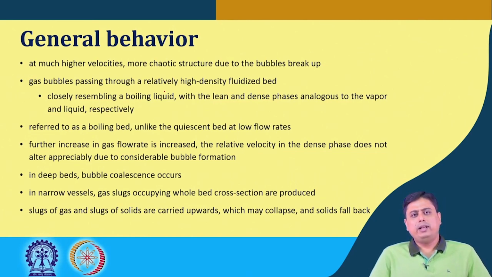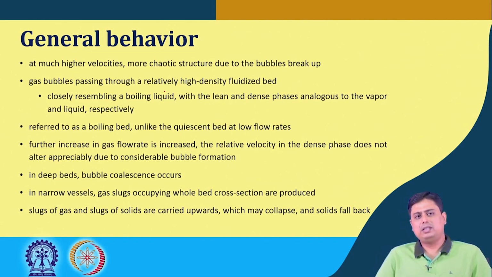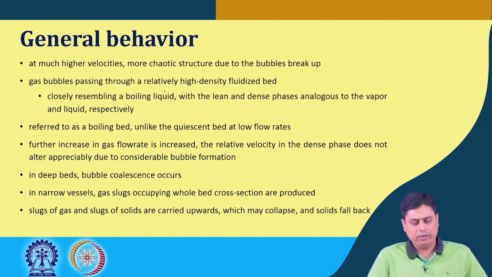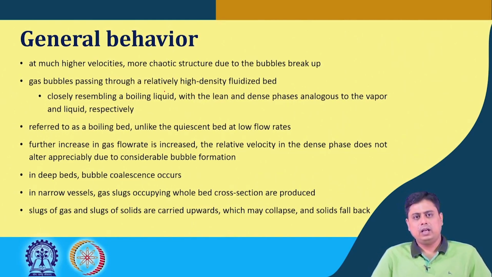In this boiling bed, if we further increase our flow rate, we do not see much difference in the relative velocity of the dense phase, because most of the gas phase is now creating these bubbles, and coalescence happens in a deep bed, and in a shallow bed or narrow vessel, gas slugs occupying the whole cross sections are formed.